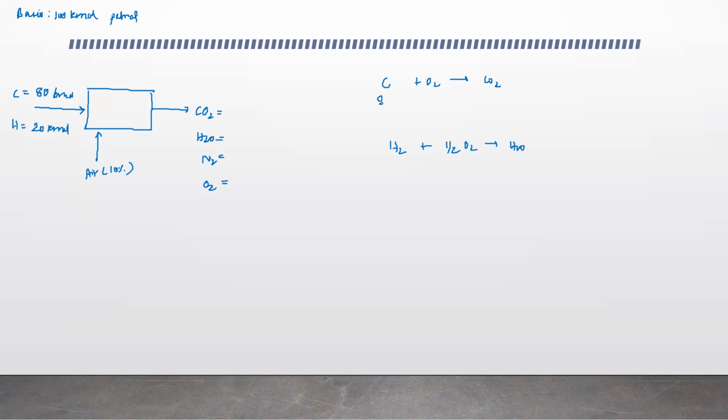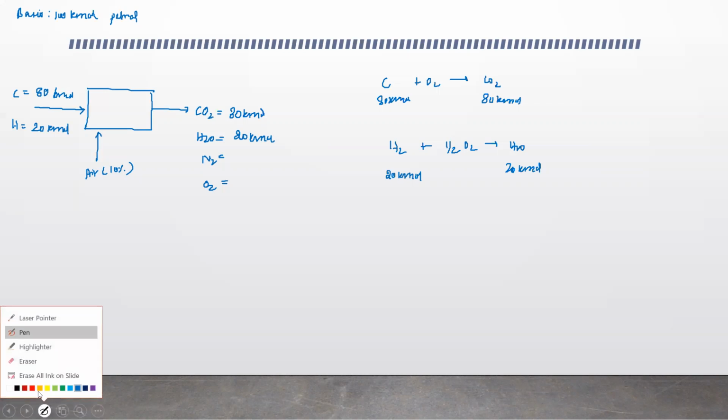So there's 80 kilomole carbon, so that would give you 80 kilomole carbon dioxide as it is, right? Then there is 20 kilomole of hydrogen, so it would give you 20 kilomole of water. So 20 kilomole over here, right? Now, then we have oxygen. So let's calculate the theoretical oxygen demand.